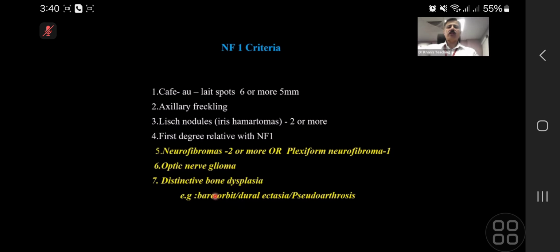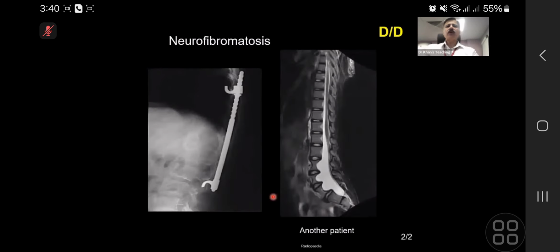Bare orbit, we will see it in the CNS or head and neck module. But dural ectasia is what you were looking at. In dural ectasia, what happens is, it is ectatic dura, simple as that, which can cause posterior scalloping. And sometimes I'll show you later on these films in CNS, they are synonymous with the term pseudomeningoceles.